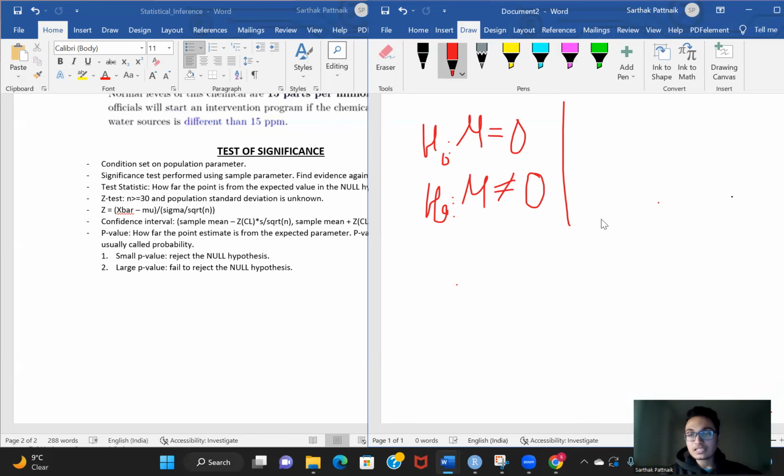But before we go into the Z test, I discussed test statistic in a previous session when we were discussing the idea of confidence interval. And I told you that the confidence interval lies between estimate minus margin of error and estimate plus margin of error.